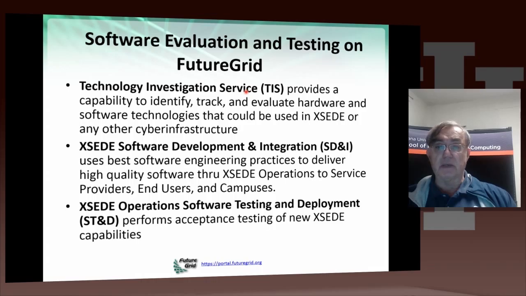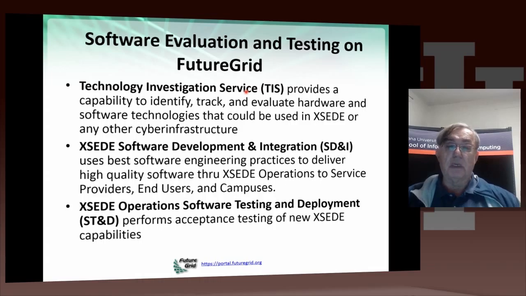One is the Technology Investigation Service, sometimes called TIS, which is a part of Exceed that basically investigates technologies which are not yet deployed on Exceed, to see if they should be employed on Exceed. So using FutureGrid to do that investigation, or partly to do that investigation, is an attractive thing to do.